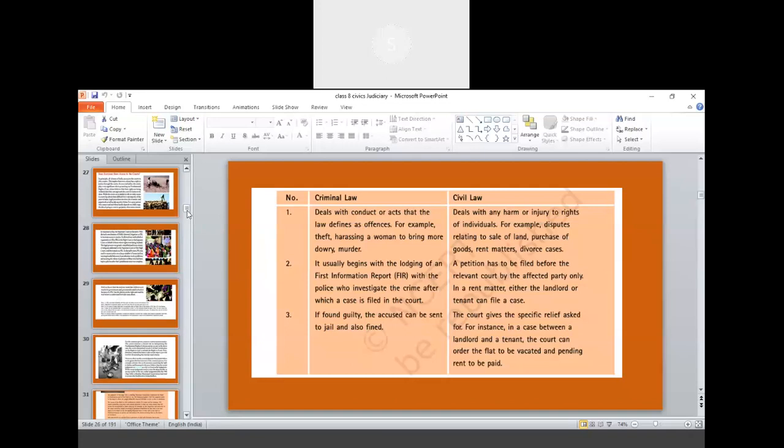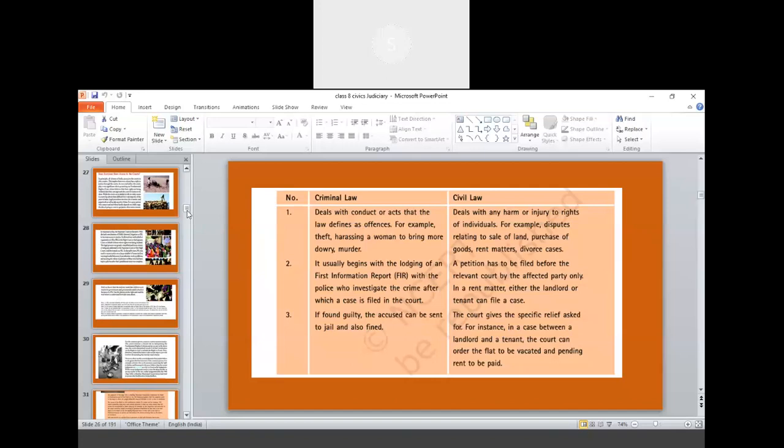If the incident happened, then you have to report to the nearest police station. Then the police station will start their procedure with the FIR. After FIR, they arrest the suspect or accused. After that, they are supposed to prepare a charge sheet.